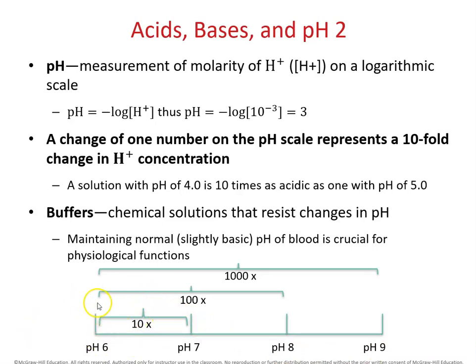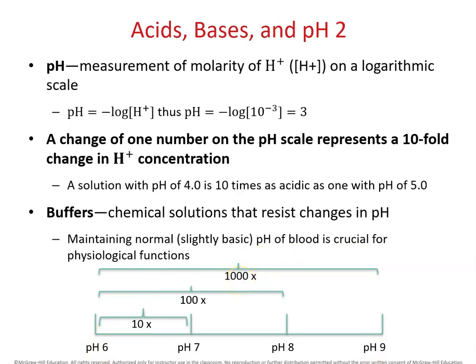Between pH 6 and pH 8, if we have a 10 times difference between this interval and also a 10 times difference between this interval, 10 times 10 is 100. So we would have a 100 times difference between pH 6 and pH 8. We can go further and look at between pH 6 and pH 9, and we see 1,000 times difference there.